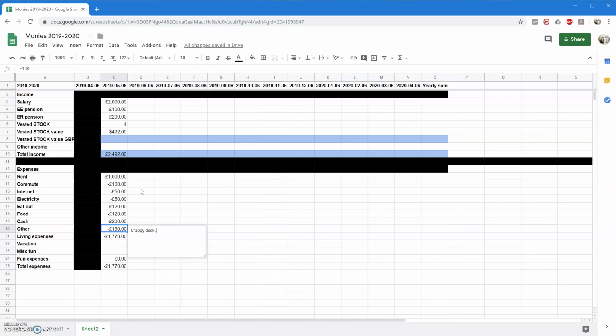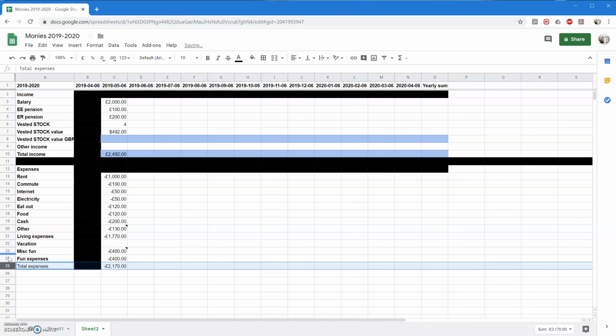Some paper for printer, and for fun things, maybe I bought a radio, which I spent too much on there. So that would be the total expenses. Now let's bold that.